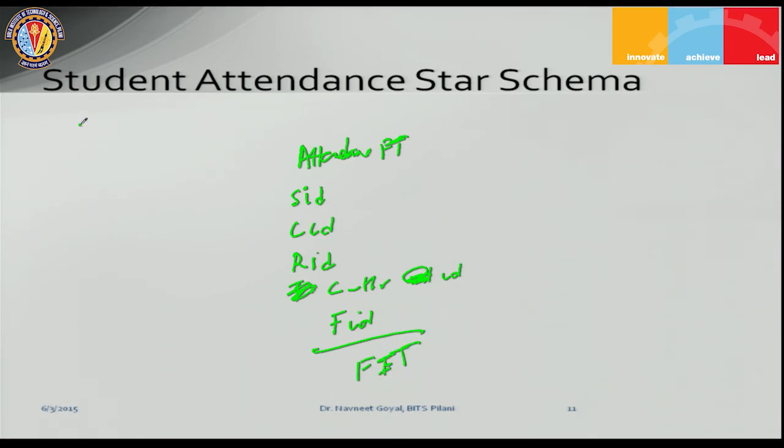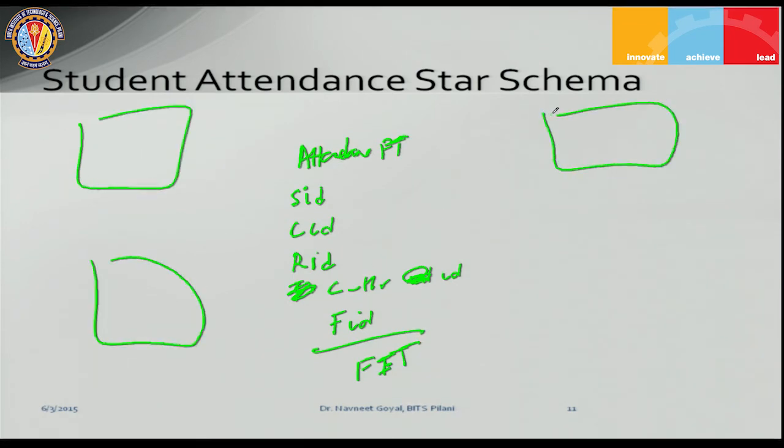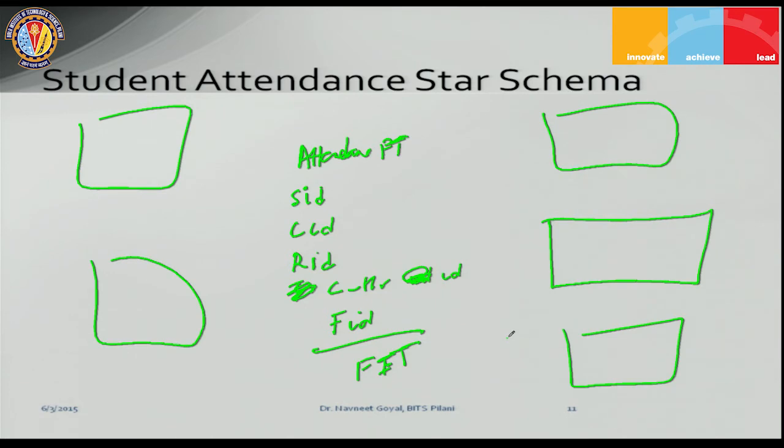And then all these dimensions: this is student, this is course, this is room, this is class hour, and then the faculty. Faculty is also called instructor in some cases. And instead of rooms, we call it the facility.